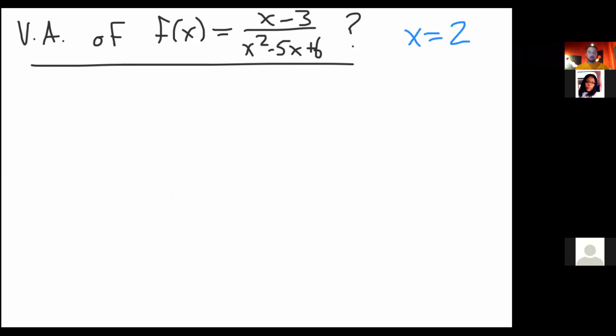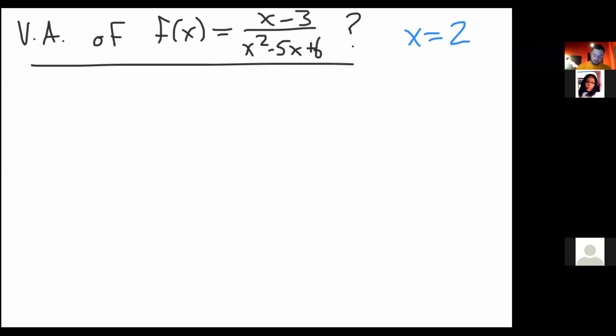I'm going to get this unchecked 0, and that's why when you watch the video on this stuff, they say to factor, reduce, and then find your zeros in the denominator. Because if I have a common factor on top and bottom, those factors are keeping each other in check. They're approaching zero, but they're always canceling each other out. So that's why we always want to look at the factored form of our functions, reduce, and then simplify.